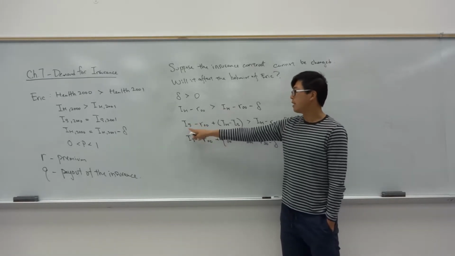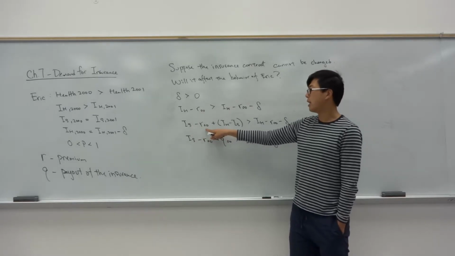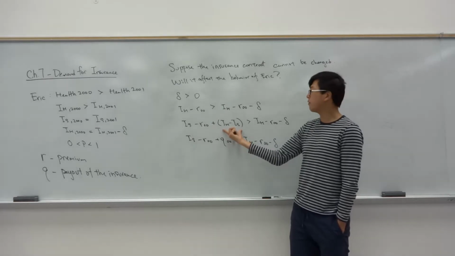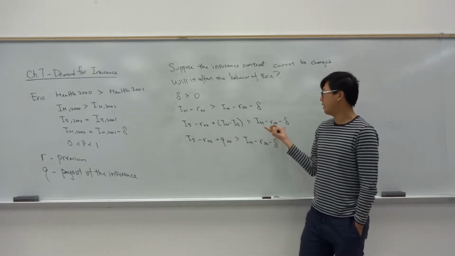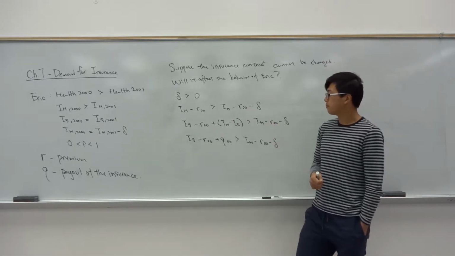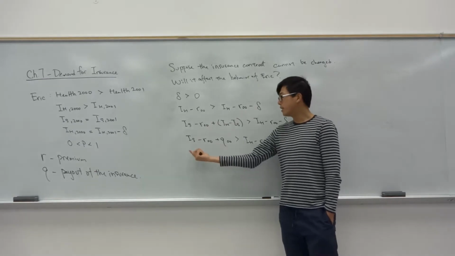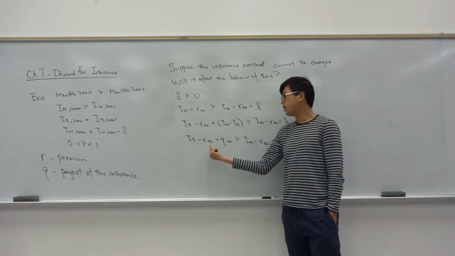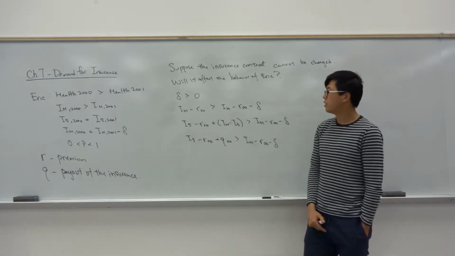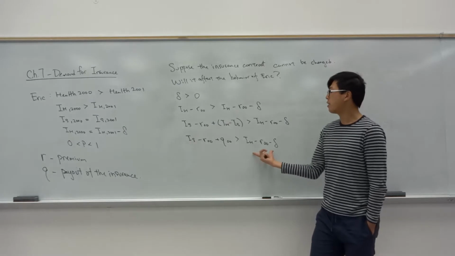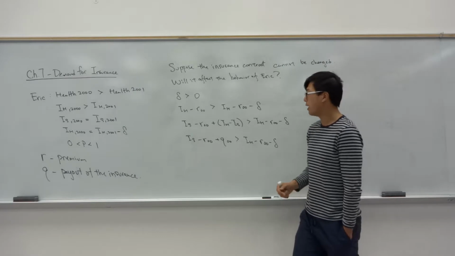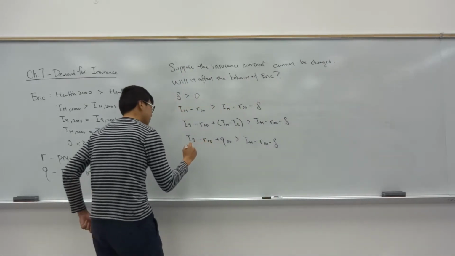So the sick income minus the premium that Eric paid in 2000, plus the difference between the two incomes in the year 2000, is again greater than the healthy income earned by Eric in the year 2001. And then we can rewrite this as the sick income minus the premium plus the payout the insurance company offered in the year 2000, still greater than the healthy income in the year 2001. And finally, we can get to the solution here.